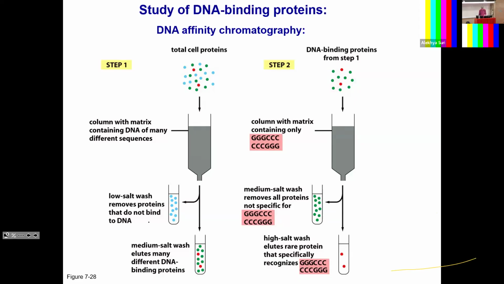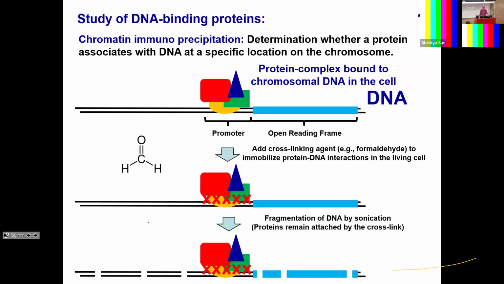So, okay, the gel shift, the footprint, and this method are methods that will study protein DNA interactions with specific components. If you want to know the interaction of a protein complex with the DNA in the cell, you use this method here.